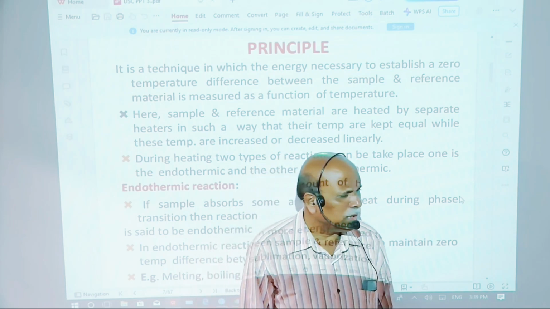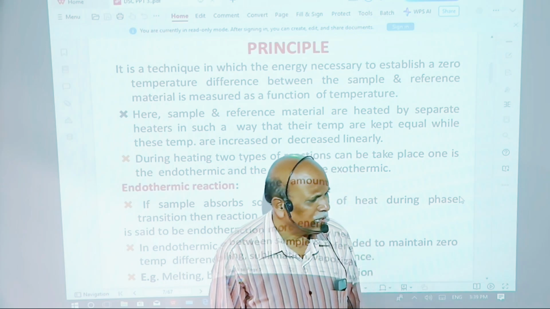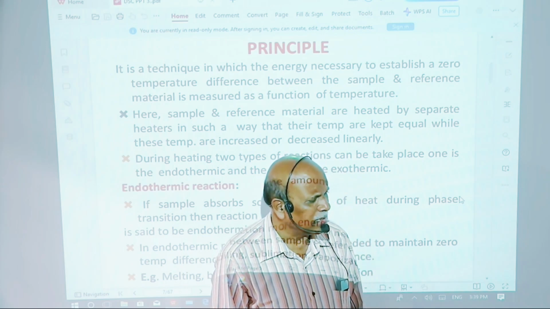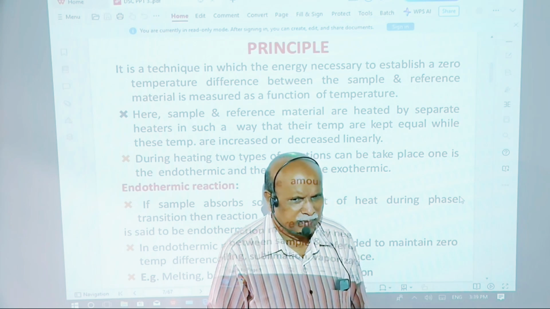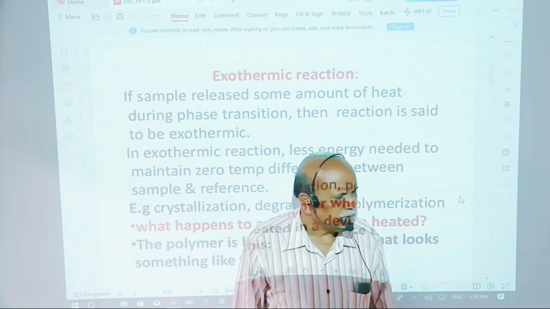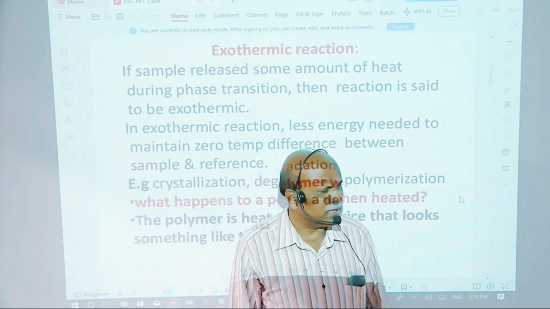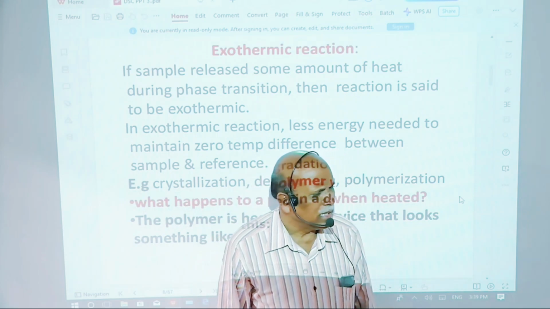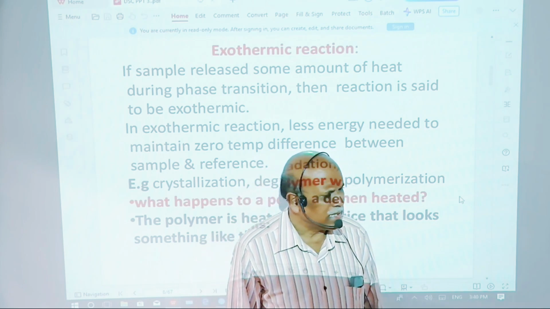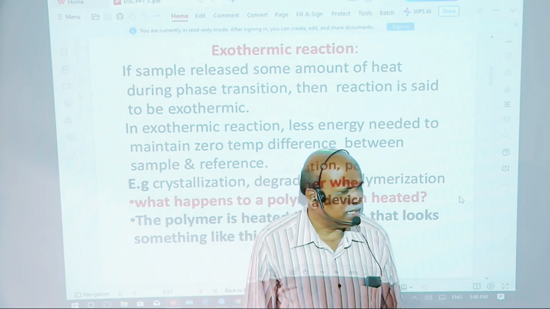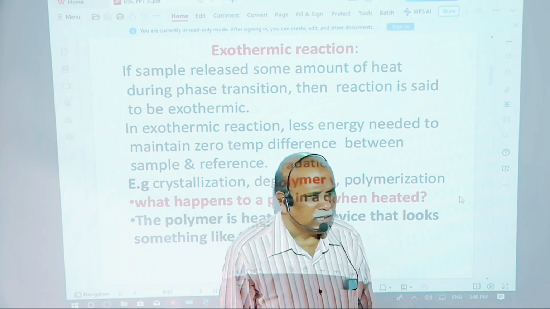During heating, two types of reactions can take place: one is endothermic and the other is exothermic. In endothermic reactions, if the sample absorbs some amount of heat during phase transition, the reaction is said to be endothermic. In exothermic reactions, if the sample releases some amount of heat during phase transition, the reaction is said to be exothermic.